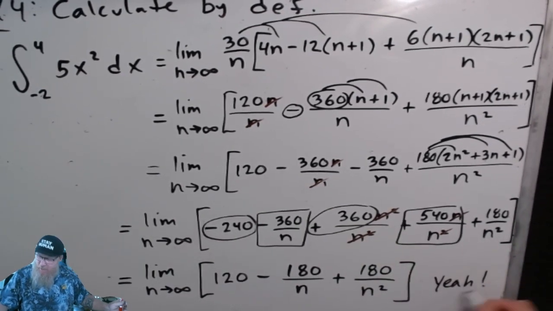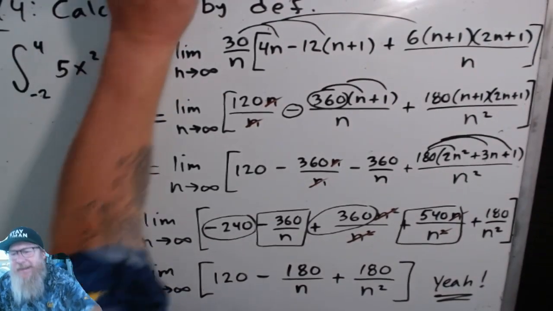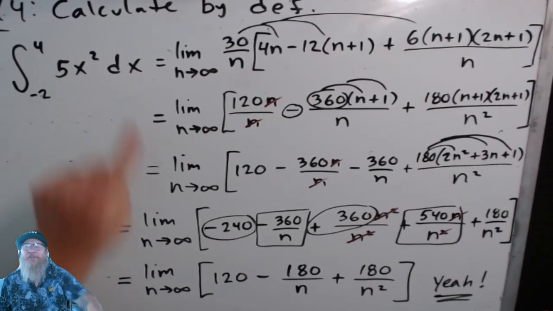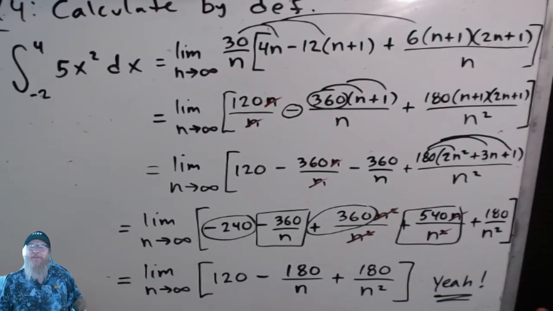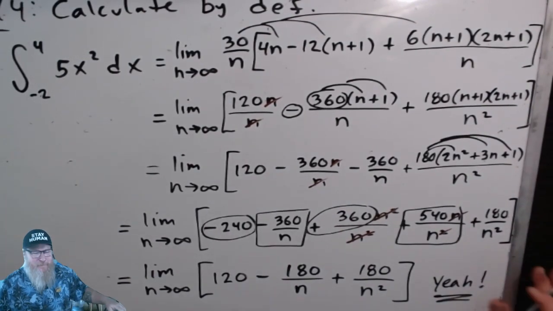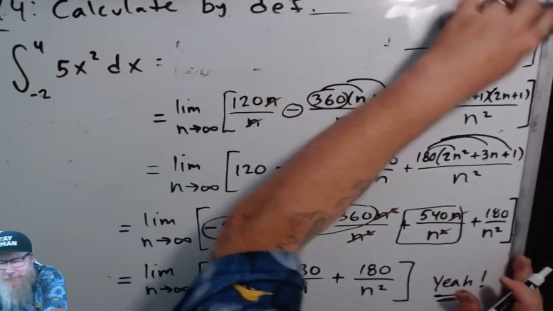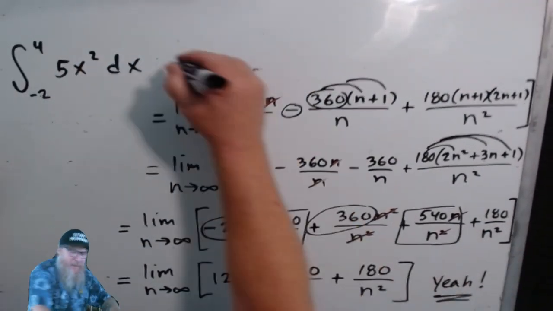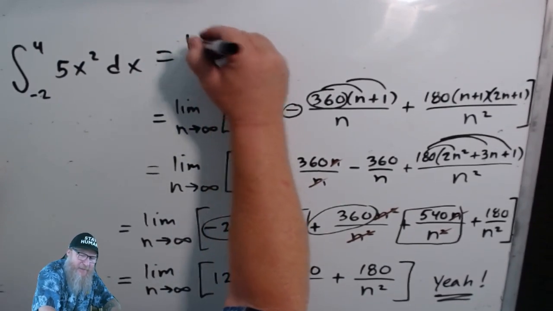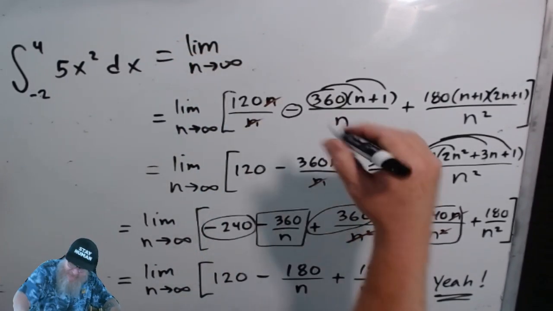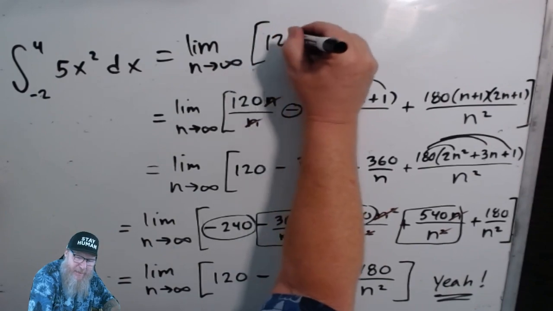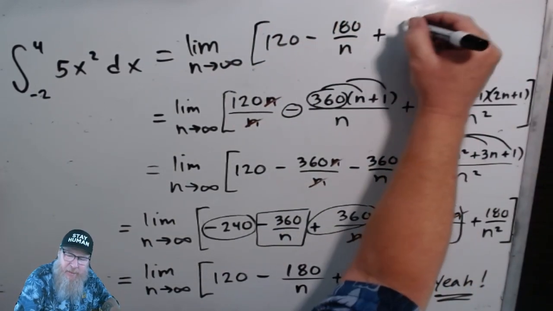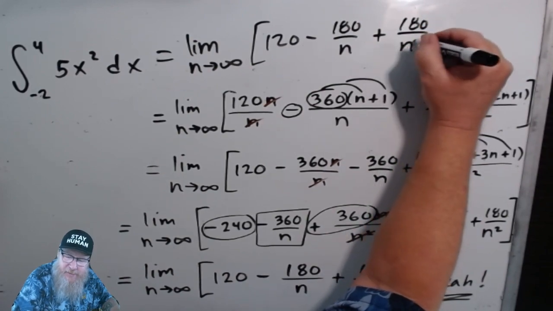Yay! Woo! This means you're almost there. This means you're ready to actually calculate the result, right? So you got the limit as n goes to infinity of 120 minus 180 over n plus 180 over n squared.